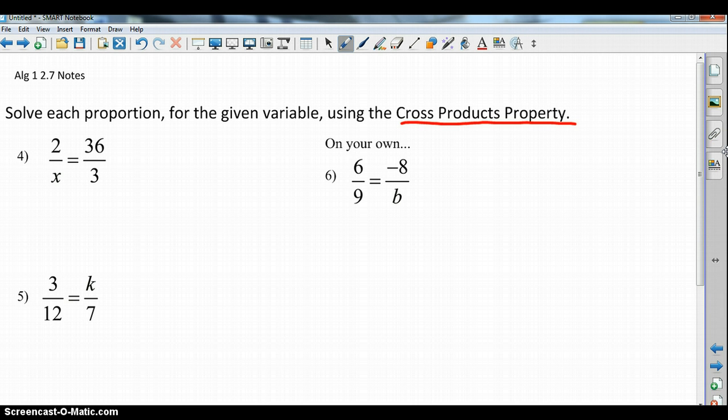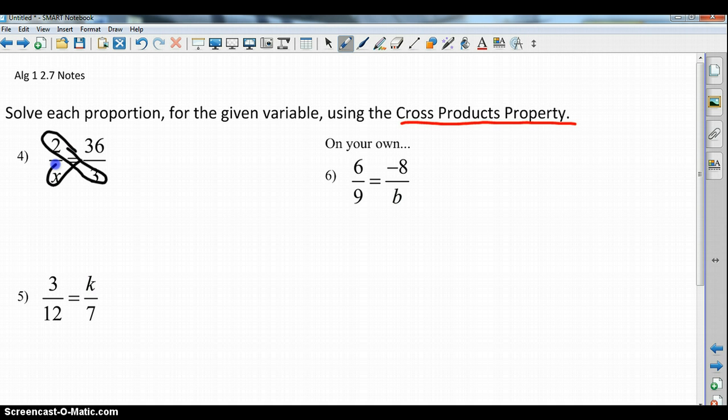For these three, we're going to solve each proportion for the given variable using the cross product property. So for number 4, 2 and 3 are cross products, and x and 36 are cross products. So you can see they cross each other.